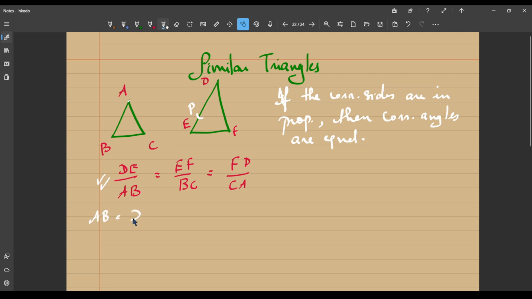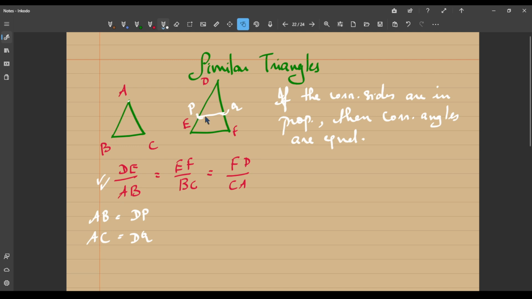And similarly measure the length AC and cut an arc on DF at Q in such a way that the length of AC is equal to DQ. Now let's join PQ. Of course, we could have shifted it. The triangles would be exactly the same if we had shifted, but since for notebook purposes, I think this would be better.